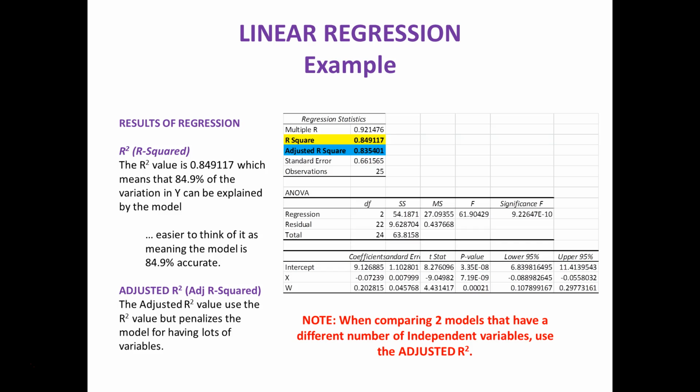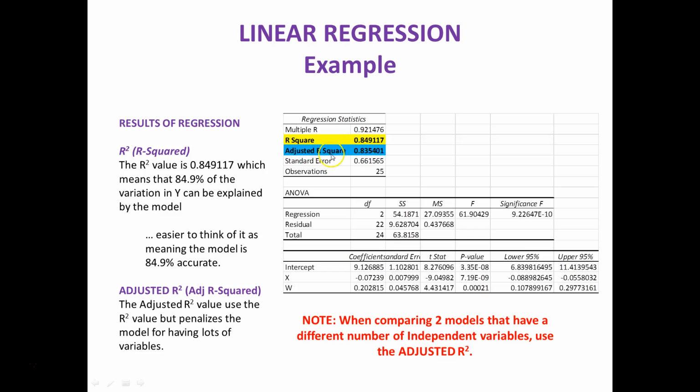So that means you can't really compare two different models that have different numbers of parameters. If you have one with 2 variables and one with 3, remember we already had that case where we had 2 and then added an extra column of random numbers. Well, you would prefer the one with 2. You want the one that doesn't have the random numbers. If you just look at the R-squared value, you'd be choosing the 3 column model instead of the 2.